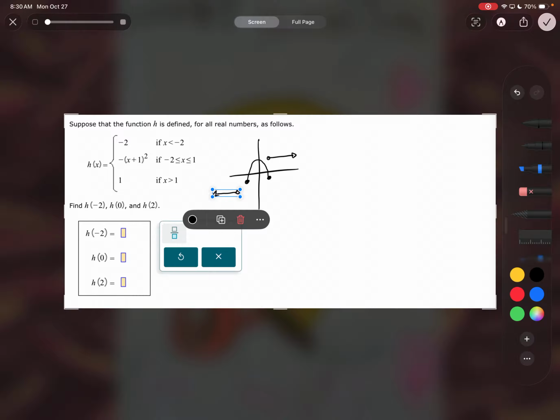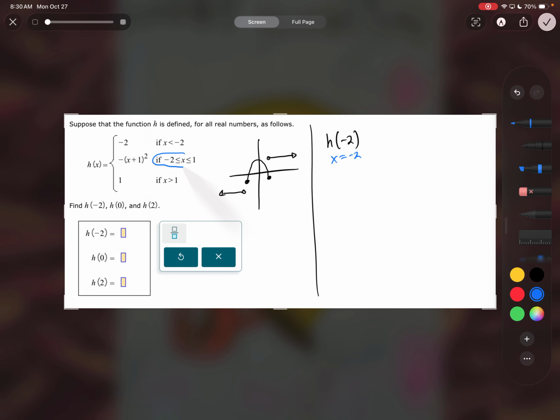So you have these different spots, and there's a constraint. This topic is actually pretty easy, but you've got to be careful. So h of -2. This says x equals -2. So when x is -2, I'm under this one right here, because -2 is less than or equal to x.